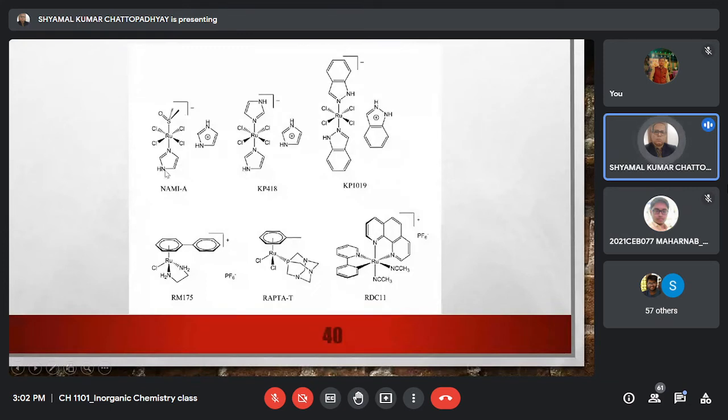One is called, the commercial name is NAMI-A, where ruthenium is in the 3 oxidation state. In fact, in all these complexes, ruthenium is in the 3 oxidation state. In the basal plane, we have 4 chloride ions. And in the axial positions, we have one dimethyl sulfoxide group and another imidazole group.